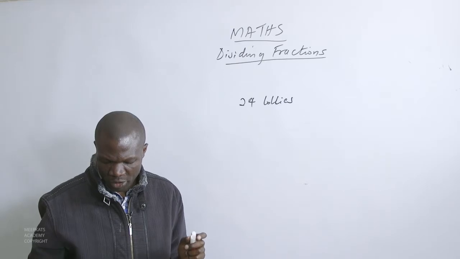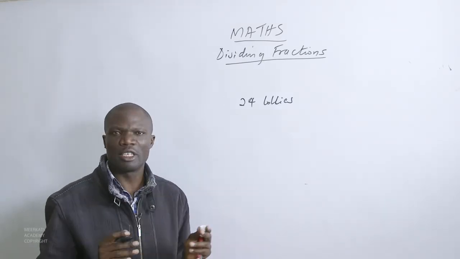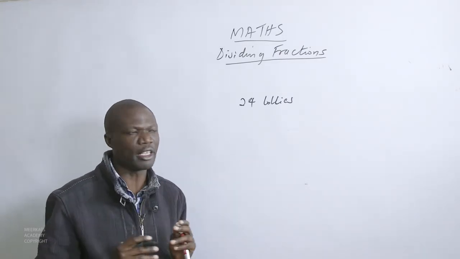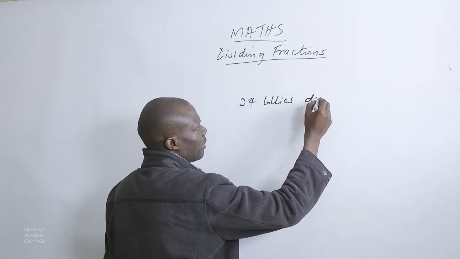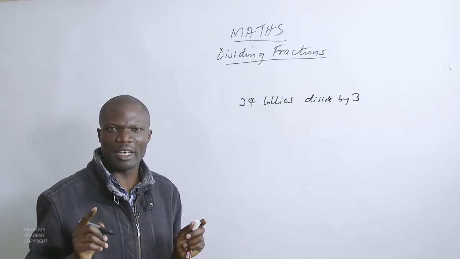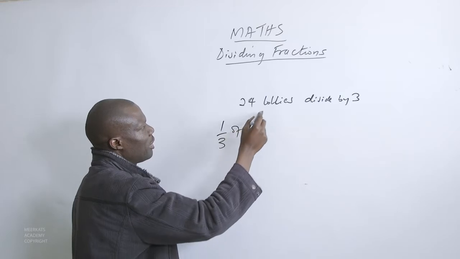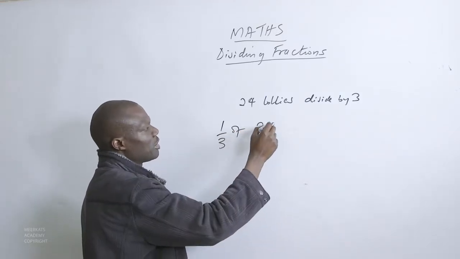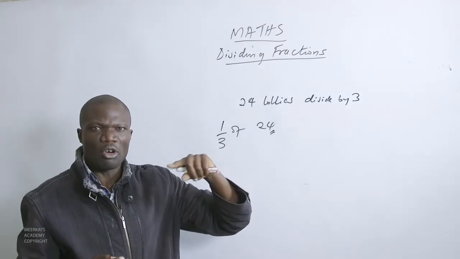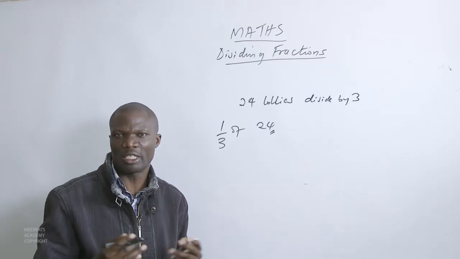From the 24 lollies, we say that we would wish to divide them into a group of 3. So if we divide by 3, alternatively we would say that we want to give each group a third of the lollies that we have, which is 24. You'll notice that by dividing by 3, or by getting a third of 24, the answer remains the same, which is 8.